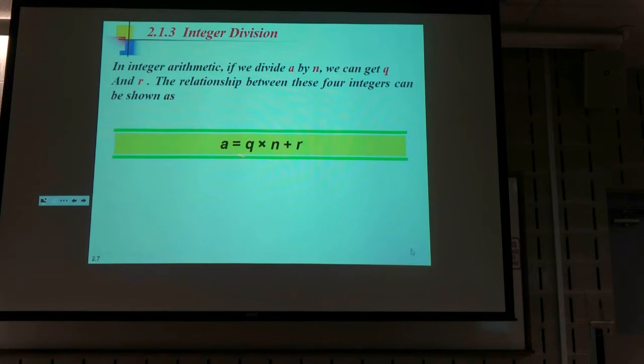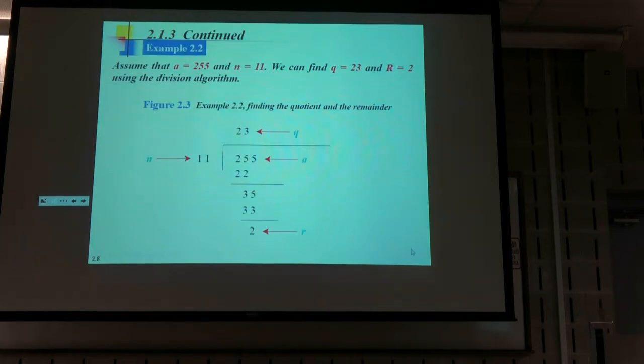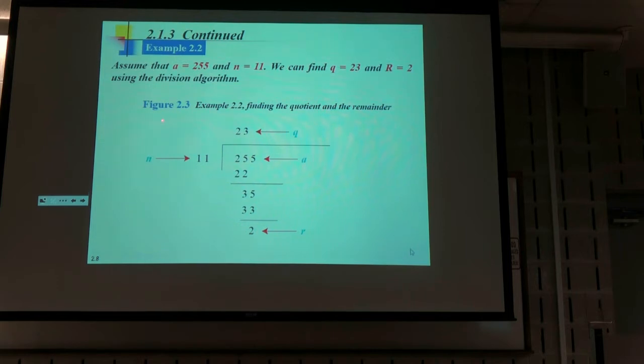The relationship is written like this: a equals the quotient multiplied by n plus the remainder r. Simple division, and here I don't need to give you examples. For example, a is 255 and n is 11. So 255 divided by 11. You know how to do the process, all right? You get the quotient q and the remainder r. The result is 23, and the remainder is 2.